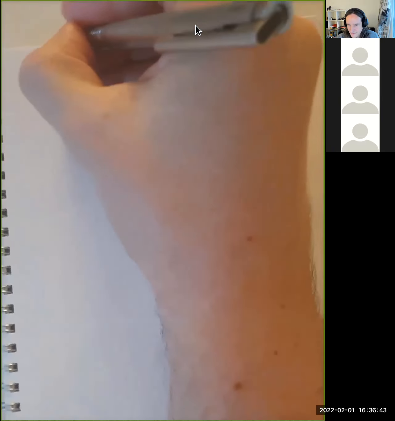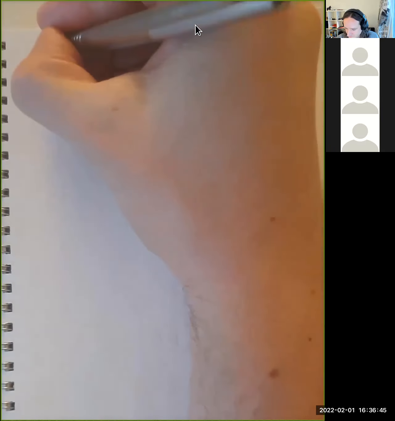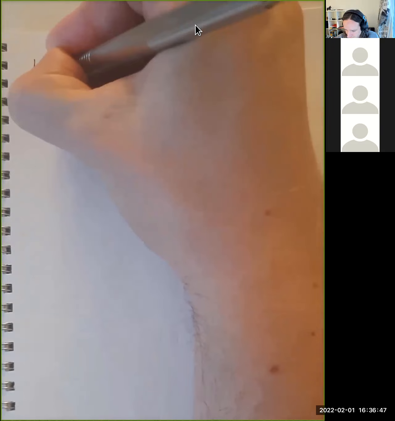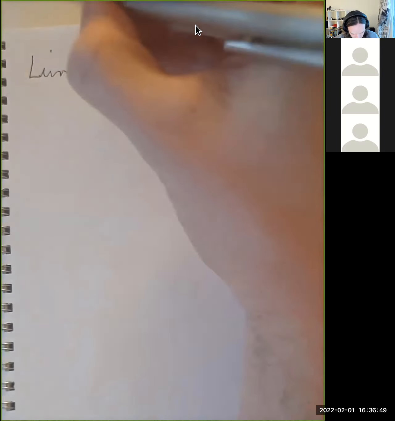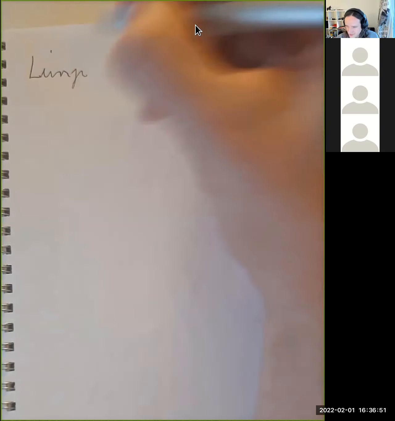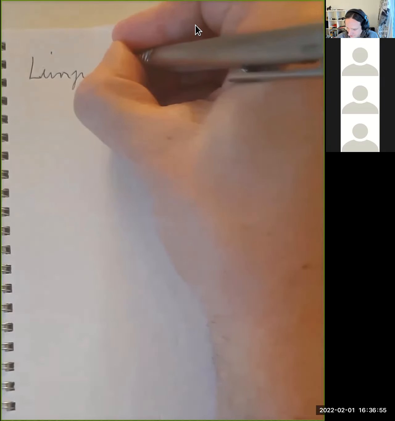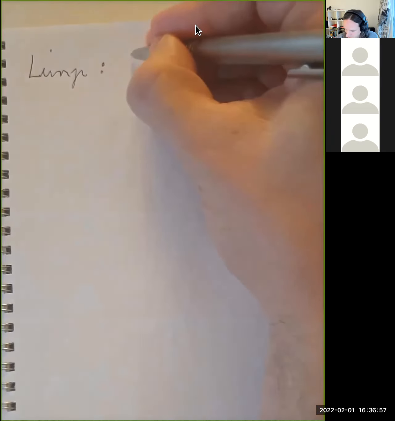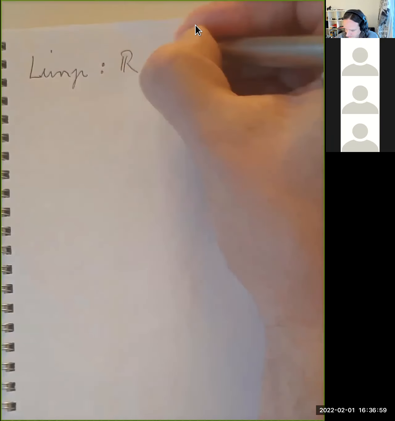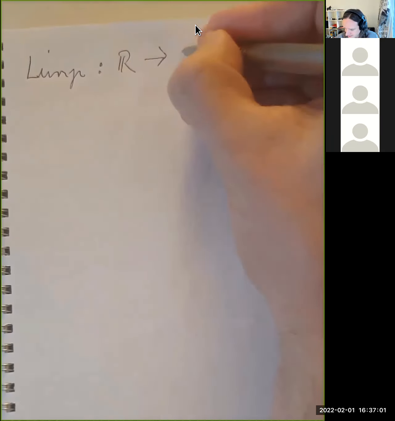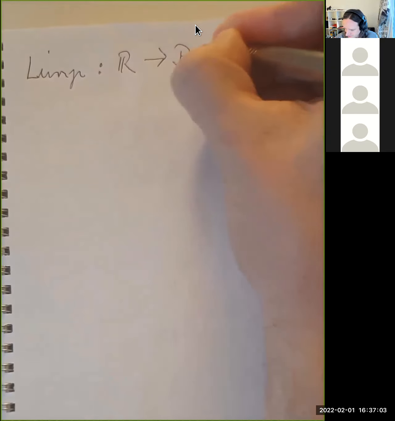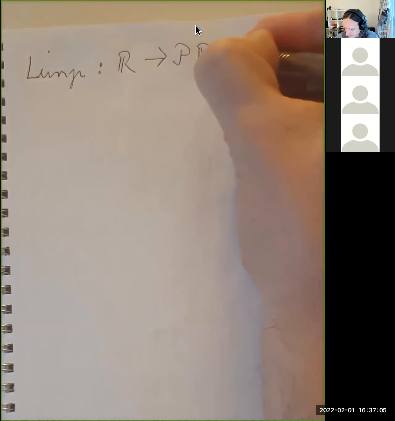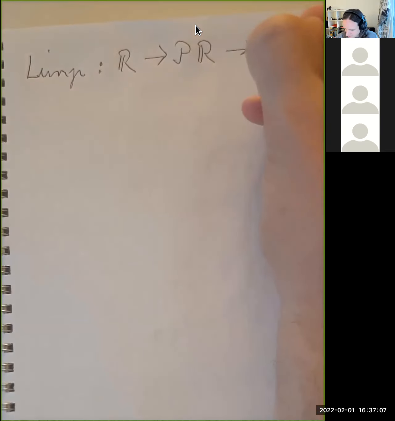So first, repeat: what is a limit point? So see in the book, there's a function called limp, which goes from R, so that's the candidate limit point, to the power set of R to propositions.